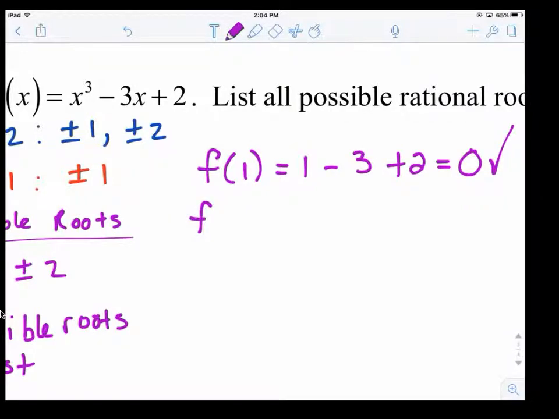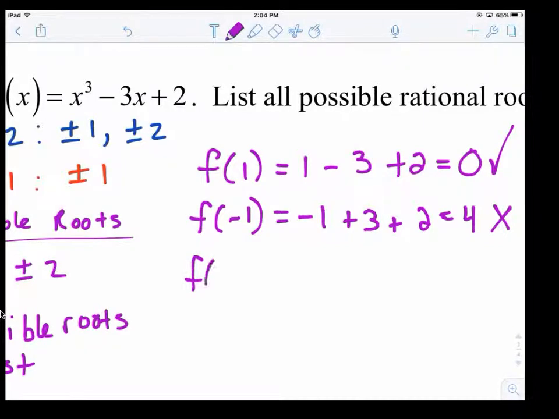So then I have negative 1. Negative 1 cubed is negative 1, plus 3, plus 2. That gives me 4. So negative 1 is not a root. If I do 2, I get 8 minus 6 plus 2 is 4. So positive 2 is not a root.